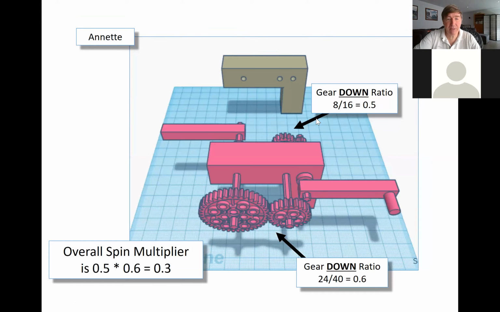You can see how she paired up her gears here. She got an overall spin multiplier of only 0.3. So that means every time she spins the handle here, the output flag is only going to spin 1/3 of a time. So she would have to spin the input handle 3 times for every 1 time that this spins.